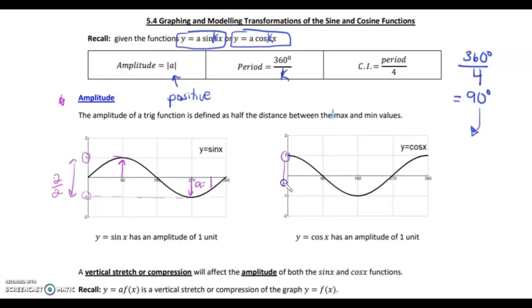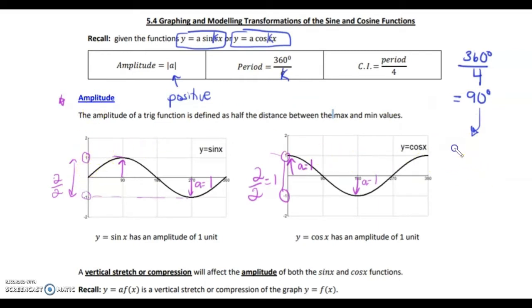The actual distance between 1 and -1 is 2 units, and it's half of that, so we divide it by 2. And again, y equals cos x has an amplitude of 1. Okay, when we talk about critical interval here, we talk about plotting a point.